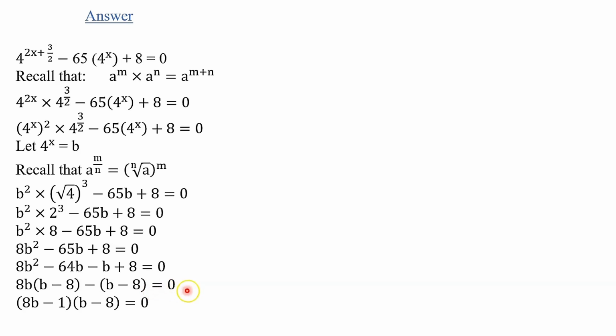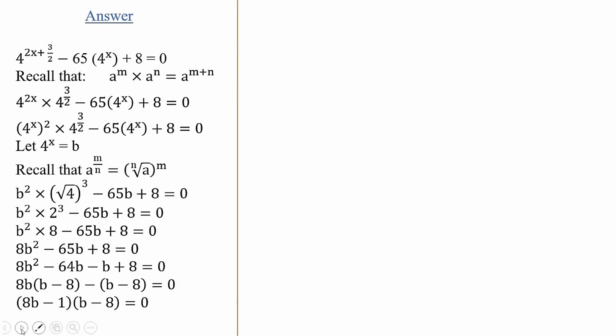Then you continue to solve further. 8b minus 1 is equal to 0, or b minus 8 is equal to 0. That is, you ensure that each bracket is equal to 0. Therefore, you can solve separately.